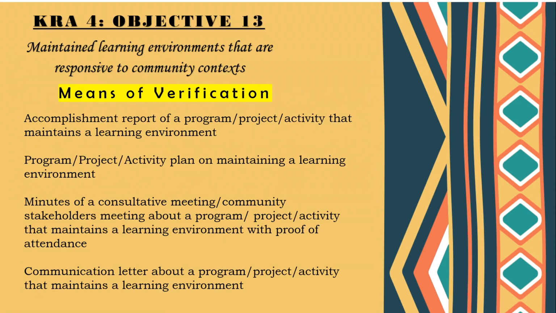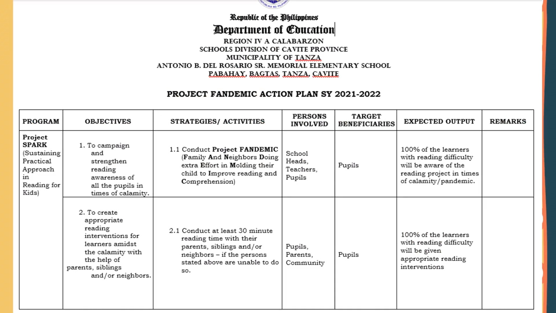Objective 13. Maintained learning environments that are responsive to community contexts. Ang atin pong MOV po dito sa objective na ito ay Project Pandemic Action Plan School Year 2021-2022. Ano po itong Project Pandemic na ito? Conduct Project Pandemic, family and neighbors doing extra effort in molding their child to improve reading and comprehension.